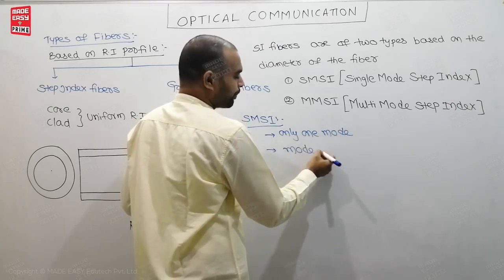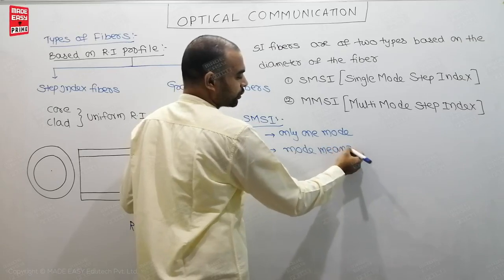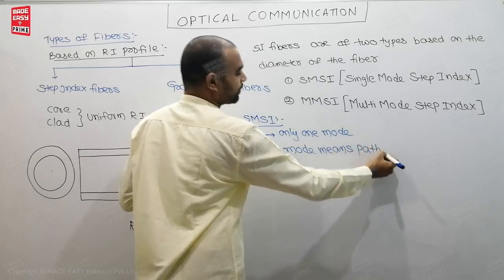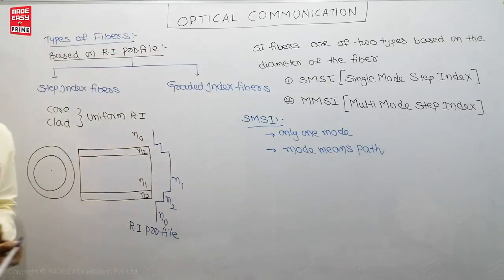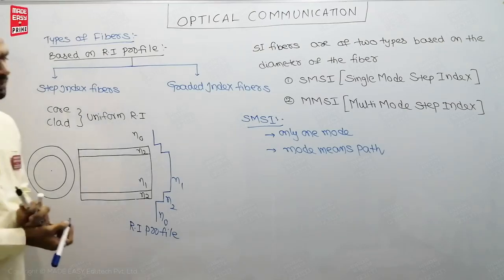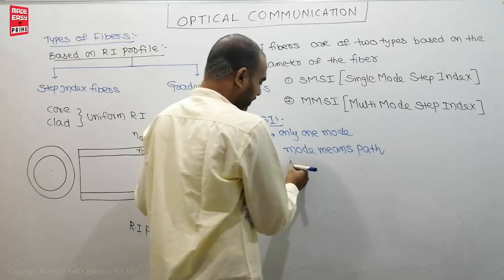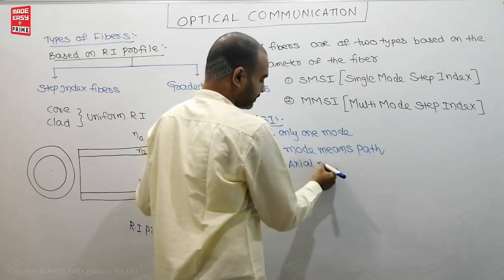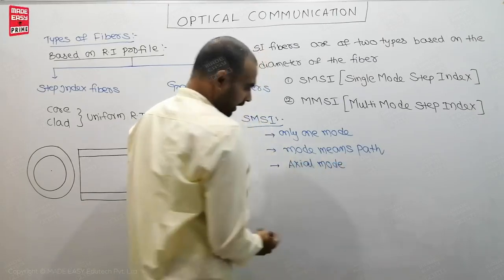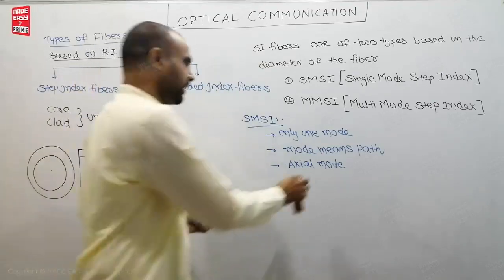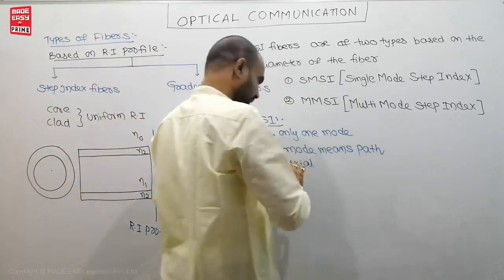Mode means path. It takes only one path, and that path is the axial ray, which passes through the axis of the fiber.